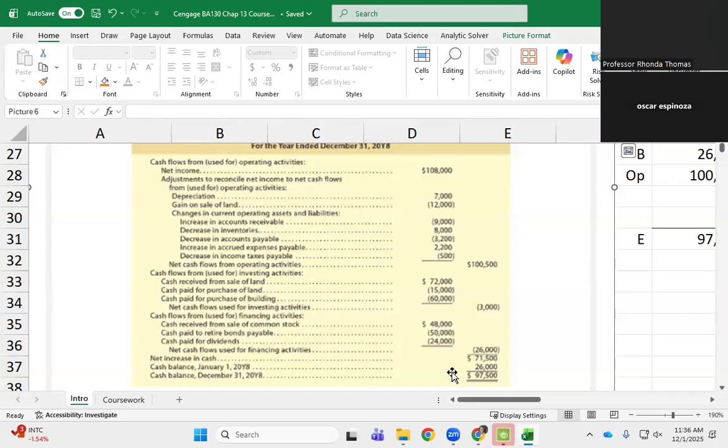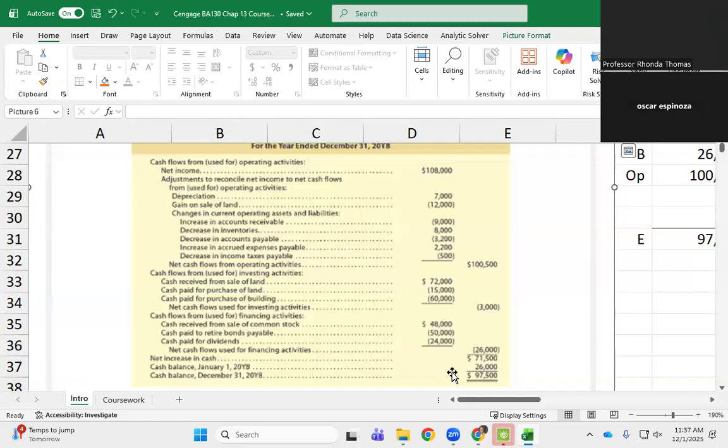If you see the word from, then that means an increase in cash flow. If you look down here, both the investing section and the financing section actually cause cash to go down, from whatever we did in those sections.